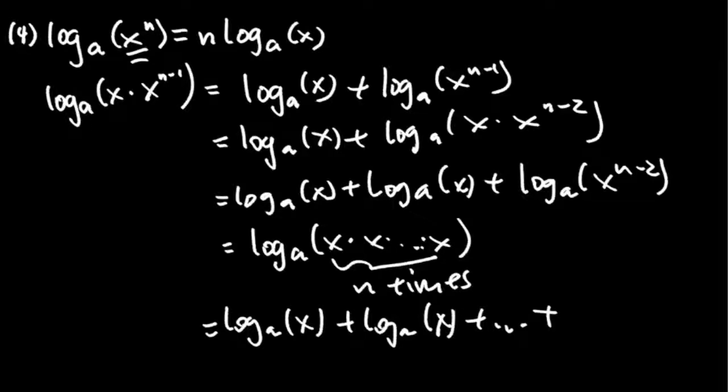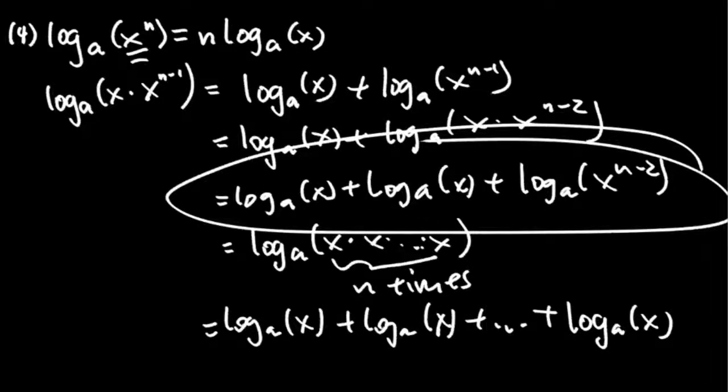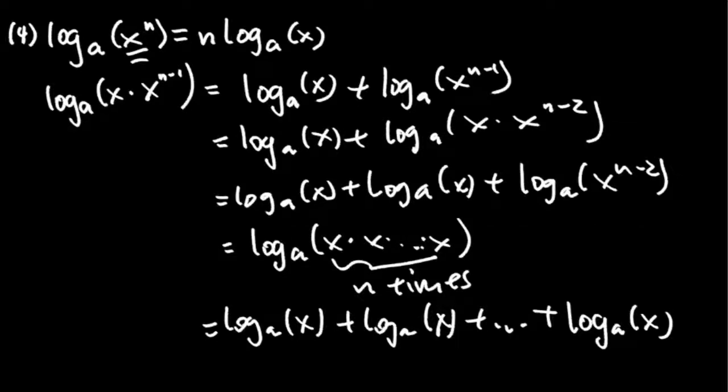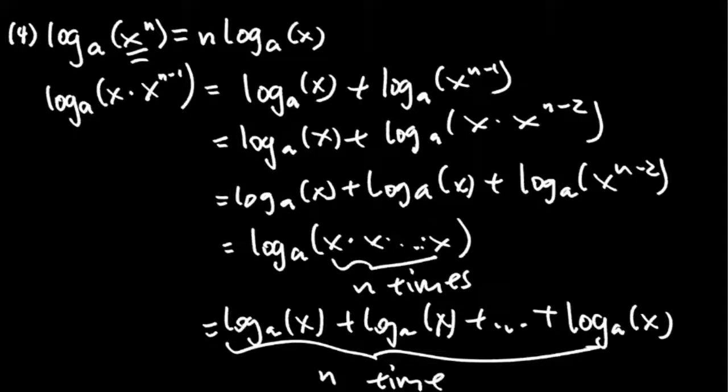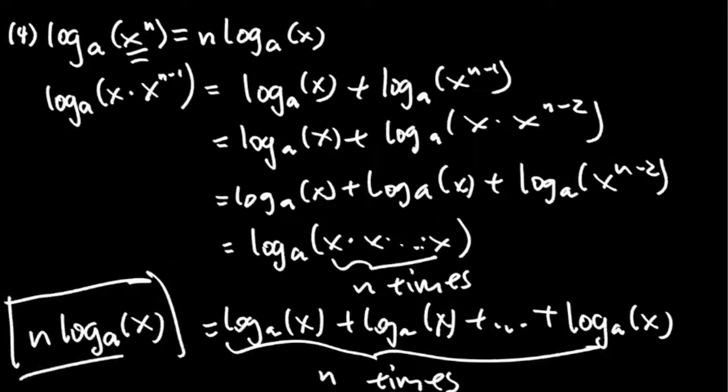And that just continues going on n times. That's really what this is showing us. We're seeing that it's going to slowly do that. So this is n times. In other words, we have this quantity n times. So in other words, n times log base a of x. So that's why that works that way.